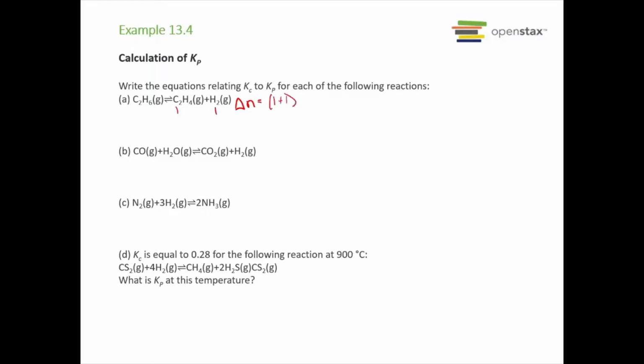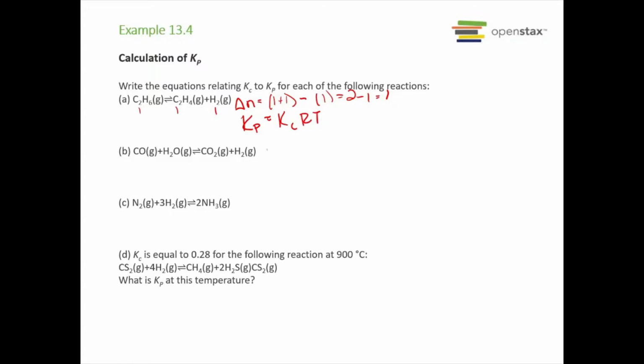So that's 1 plus 1 minus, we started with just 1 mole of C2H6. So that's just 1 because we don't have an extra reactant. So that's 2 minus 1. Our delta N equals 1. So Kp is equal to Kc times RT to the 1 power, which would just be RT. So that's all we need there.